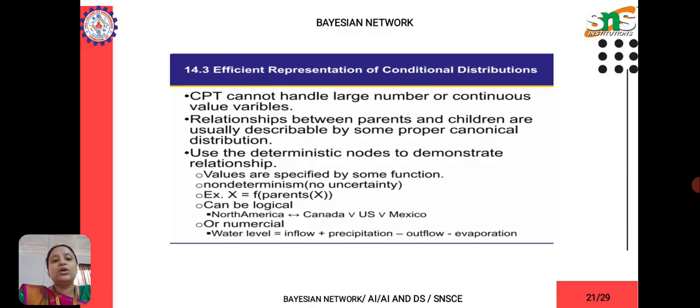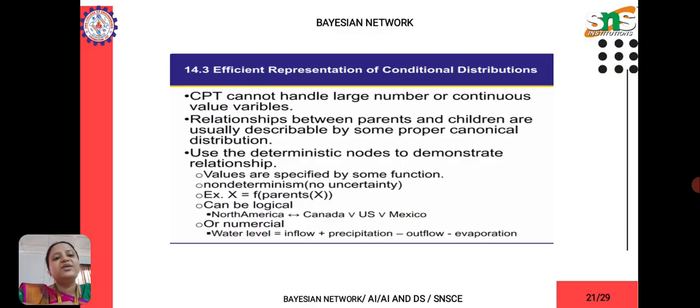We will see what the canonical form is. Use deterministic nodes to demonstrate the relationship. The values are specified by some function, that is, there is no uncertainty. For example, X equals f of parents of X. It can be logical or numerical.